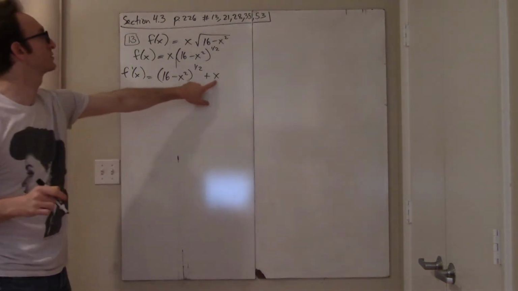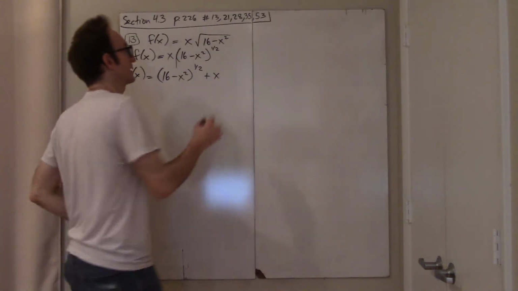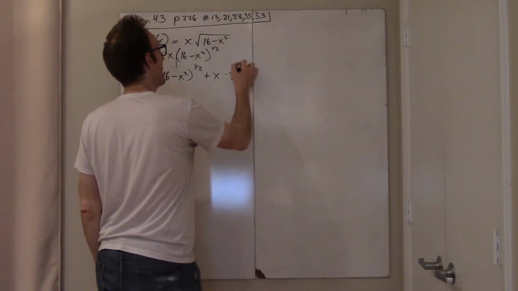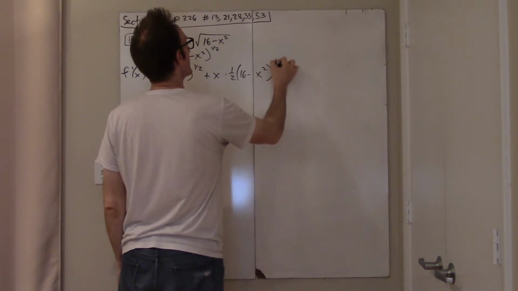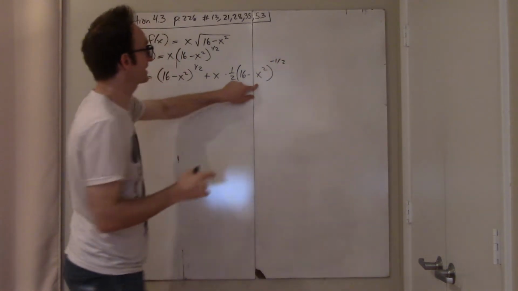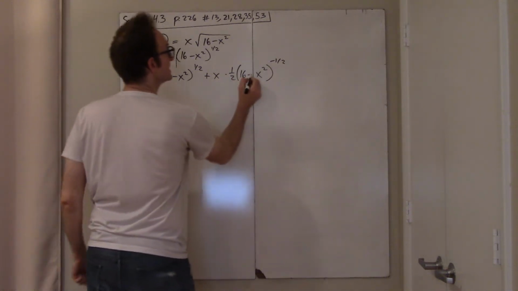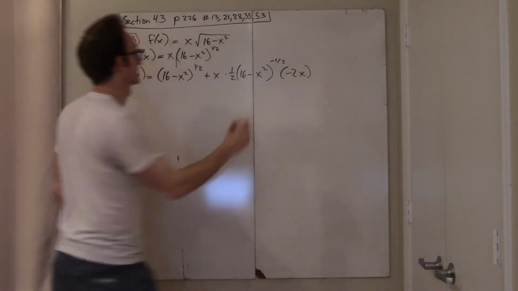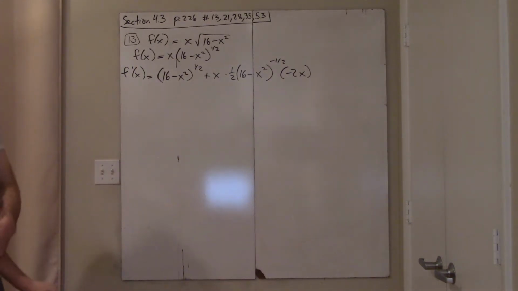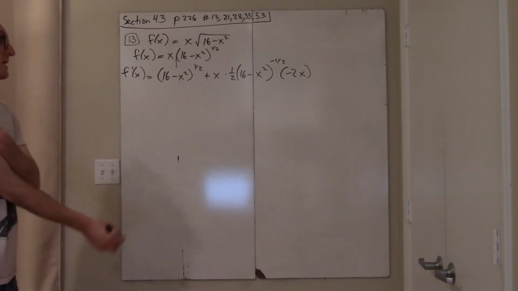Now, what is the derivative of 16 minus x squared to the 1/2? Well, it's going to be 1/2 times 16 minus x squared to the negative 1/2, times the derivative of the inside, 16 minus x squared, which is negative 2x. So let's just double check that we did that derivative correctly. Do the first and the second plus the first times the derivative of the second. Looking good.